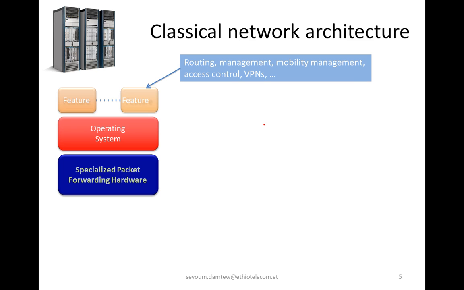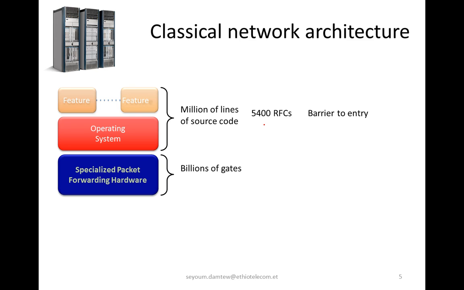The problem is that the communication between features and operating systems may involve millions of lines of source code, so that the features can communicate with the operating system, as well as from the operating system to the specialized packet forwarding hardware. We may need billions of gates, and that is complex and power hungry, which means it needs more power.